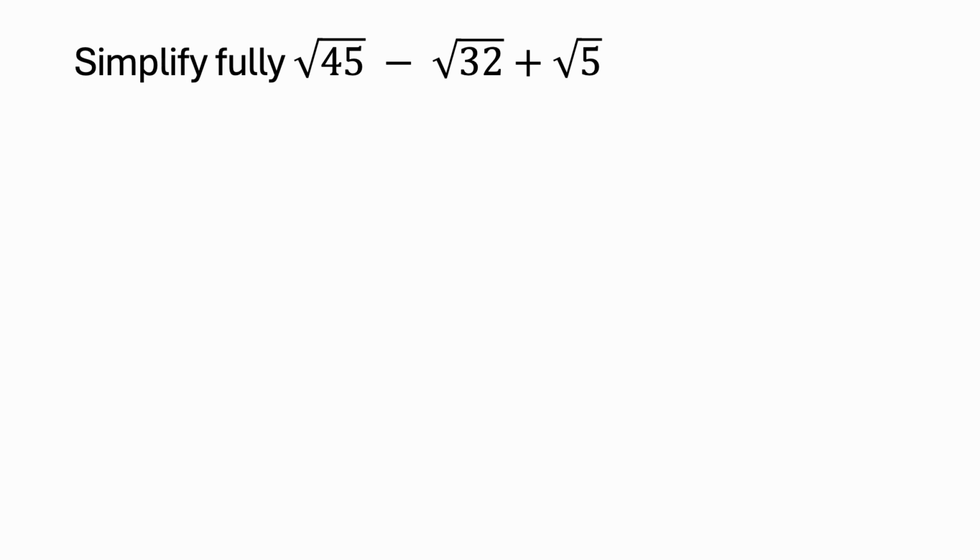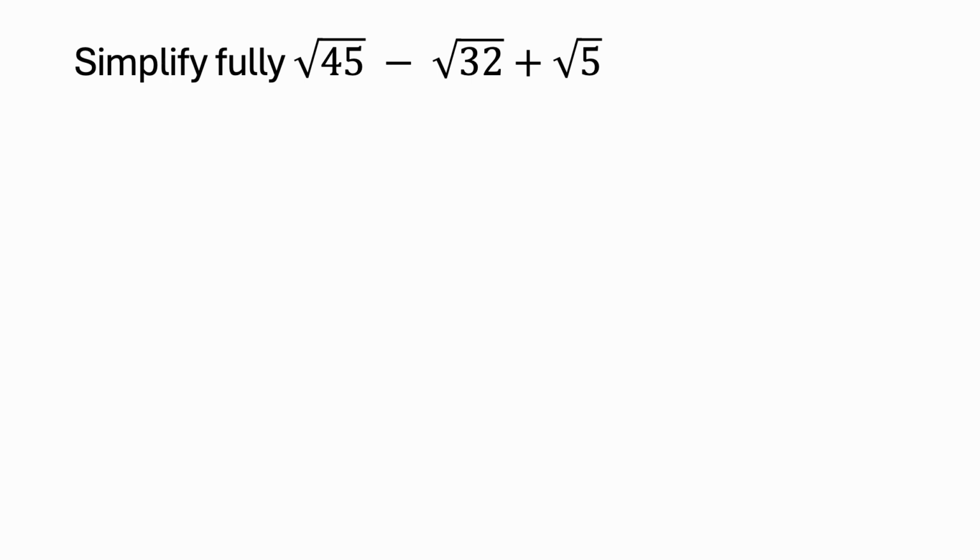Okay, now we have this one. Simplify fully root 45 minus root 32 plus root 5. Whenever we want to simplify surds, it is very important for us to remember our square numbers.